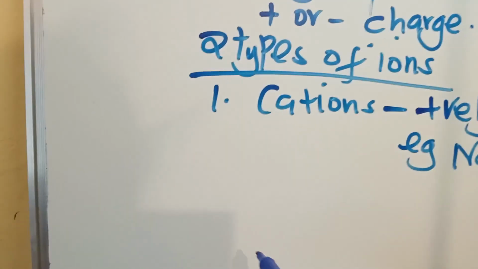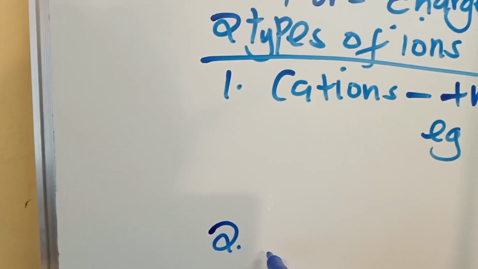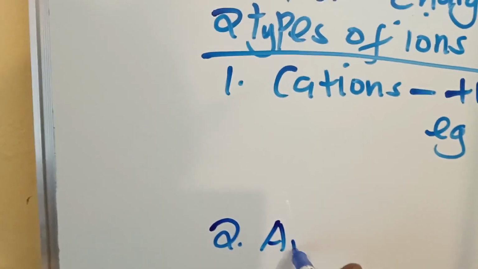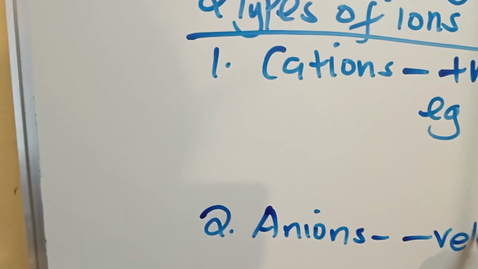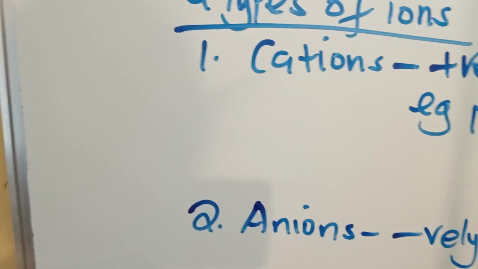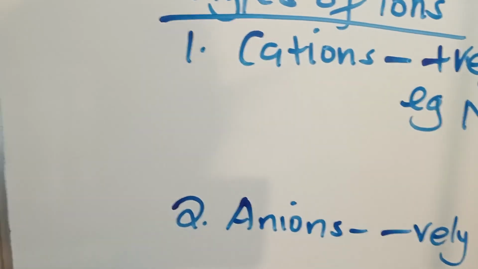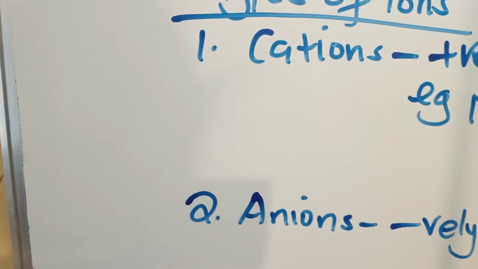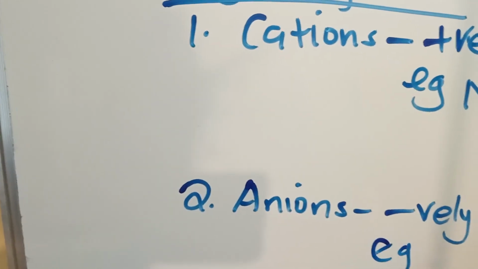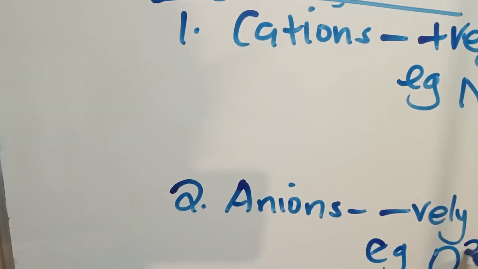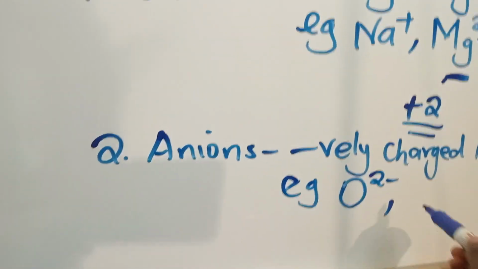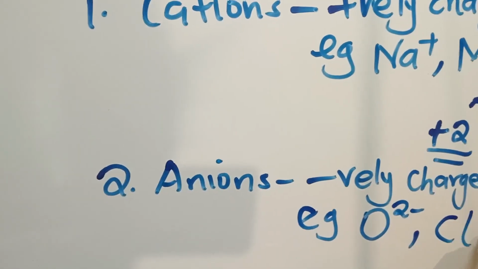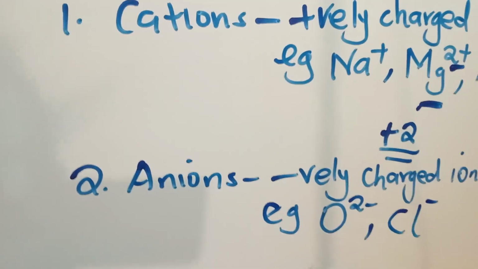Then we have the other type of ion, which are negatively charged ions. And we have examples like the oxide ion, that is very common, and the chloride ion.